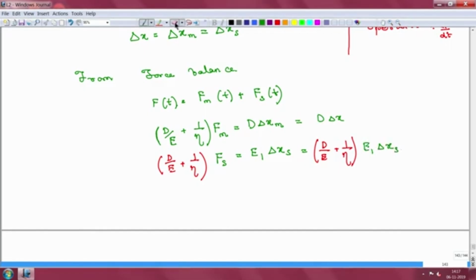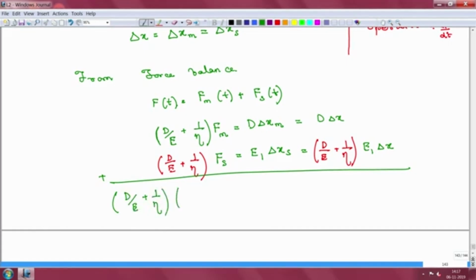Or delta x, this s is not required. So now I can add these two together, and I end up with d by E plus eta, the two added together is just Ft.